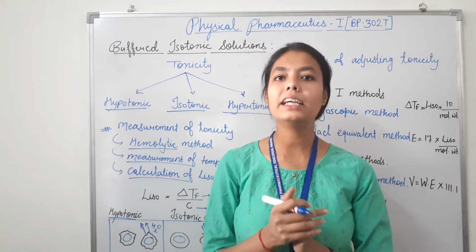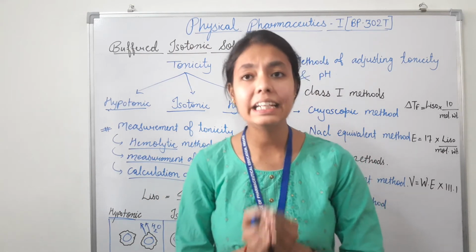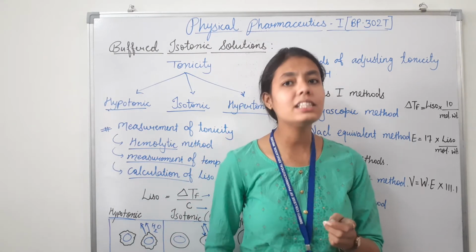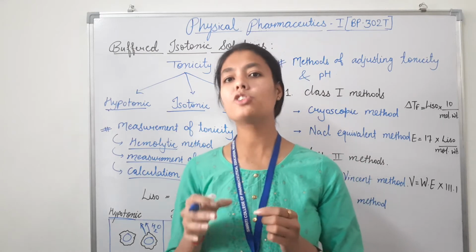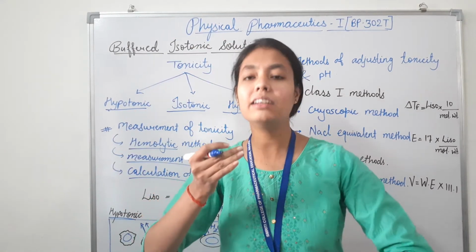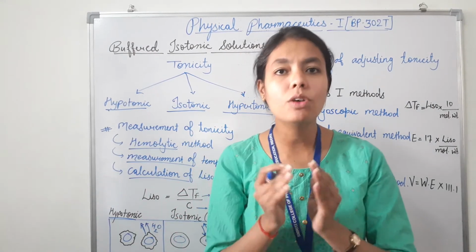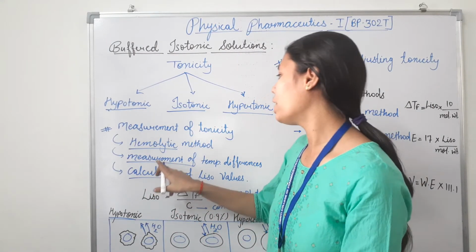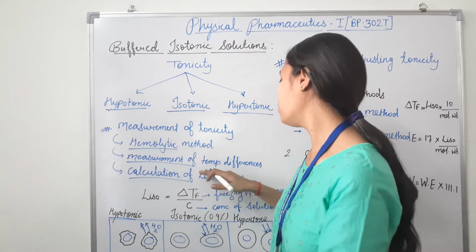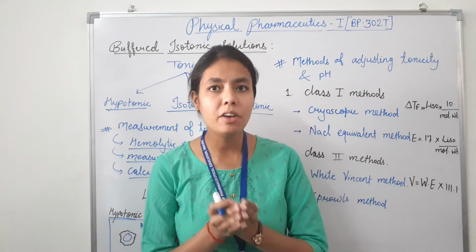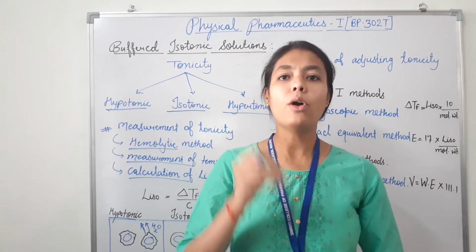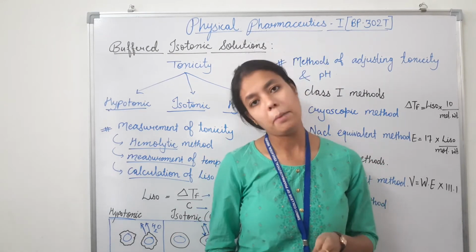The second method is measurement of slight temperature difference. As we know, whenever we add any solute to a solvent, there is an increase in boiling point and a decrease in freezing point. On the basis of this mechanism, we calculate the tonicity on the basis of temperature difference. It involves the measurement of slight temperature differences arising from the difference in vapor pressure.